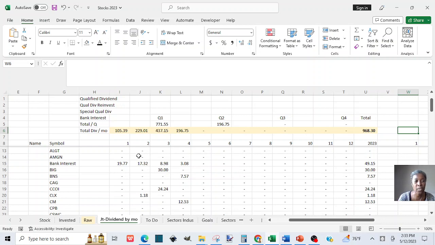And when you do that, you have the symbol and you have the month. You can total those dividends by month, because most of those companies pay by quarter. Let's assume that you invested in those companies before January. When you take the first quarter, January, February, March, that's one quarter right there.